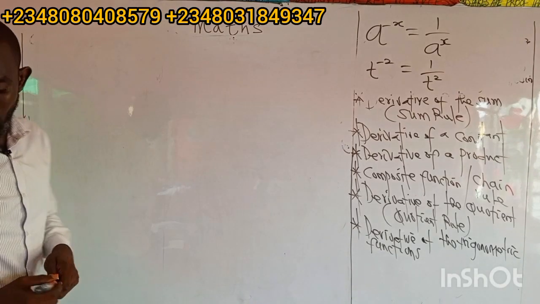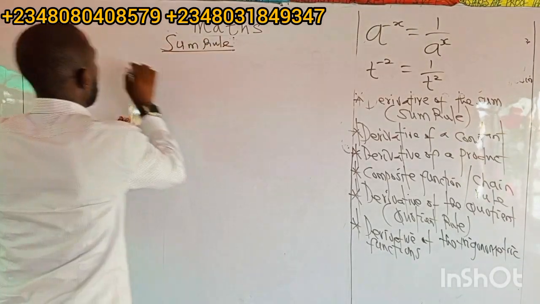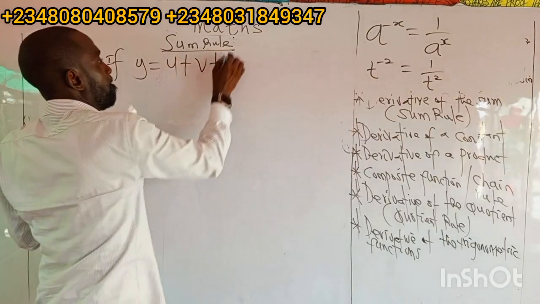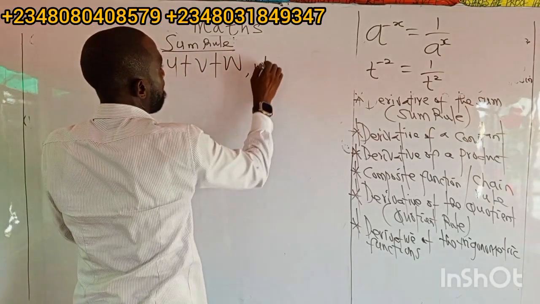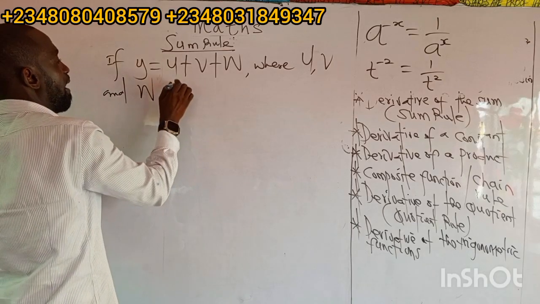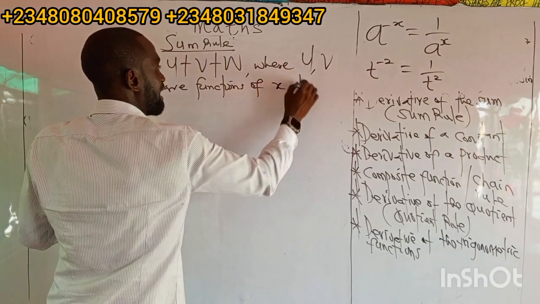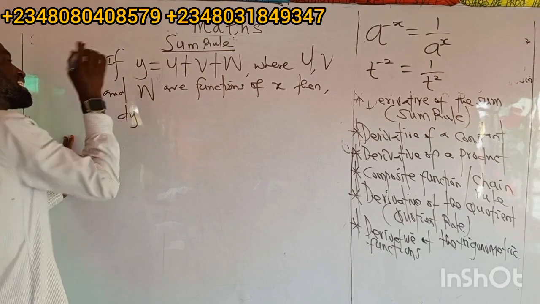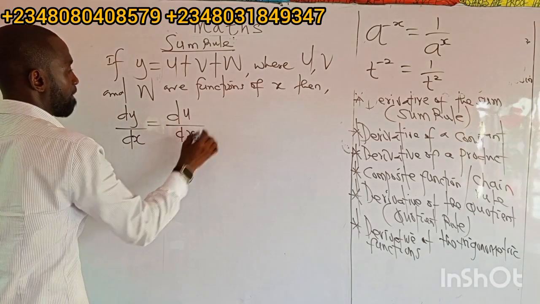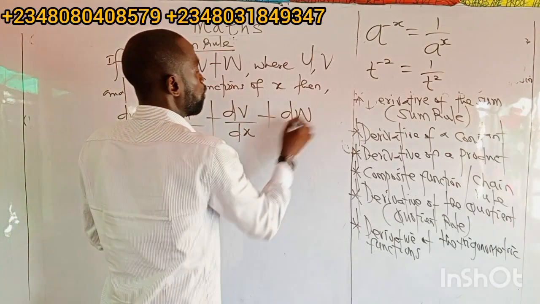If y equals u plus v plus w, where u, v and w are functions of x, then dy/dx, which is the derivative we're looking for, will be equal to du/dx plus dv/dx plus dw/dx.